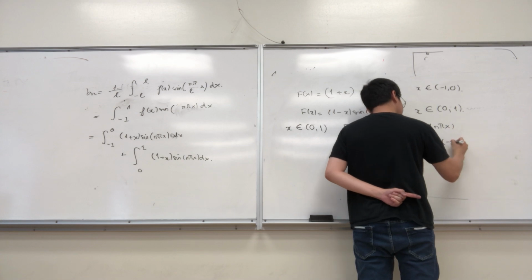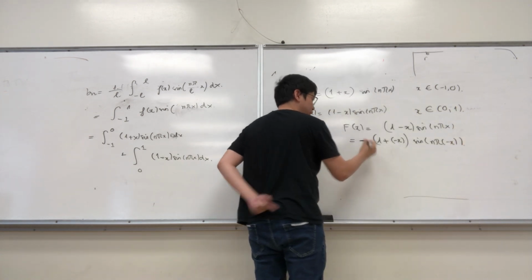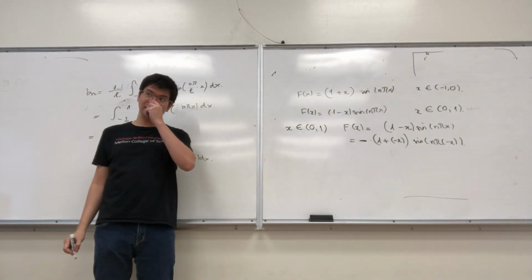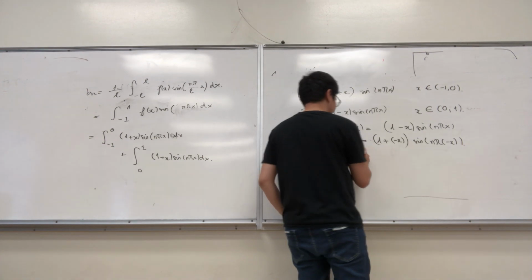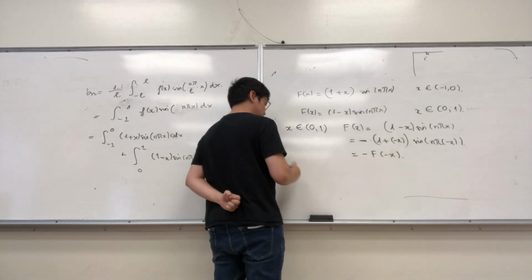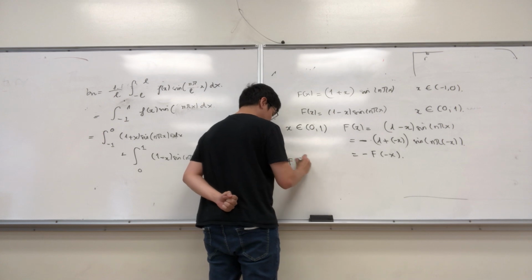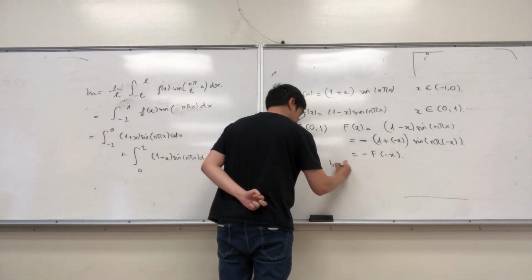But when you put the sine, you have to put a minus outside, right? And this is the form above, so this is f(-x), and I have a minus. So f is odd, which means that Bn will be 0.